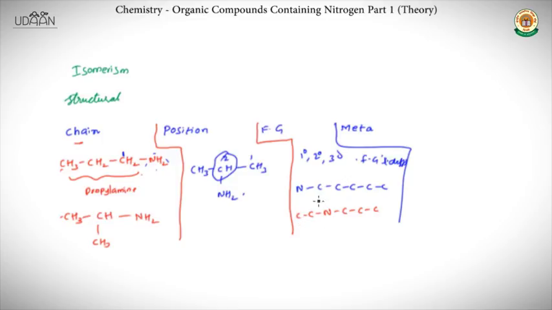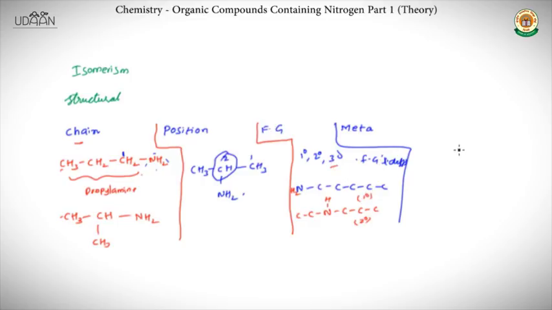As you can see, here the functional group is changing because here the nitrogen has 2 hydrogens, whereas here it has only 1 hydrogen. So this is primary and this is secondary. As the functional group changes, you get functional group isomerism. Similarly, you can take any structure and write a tertiary one also.